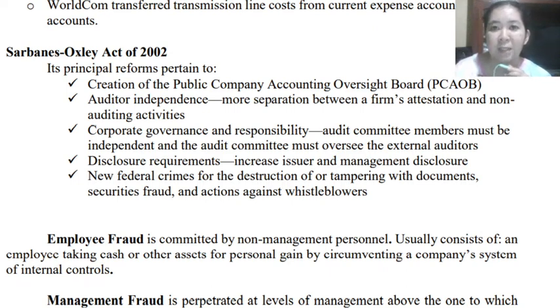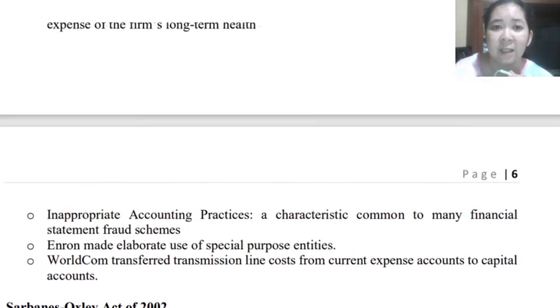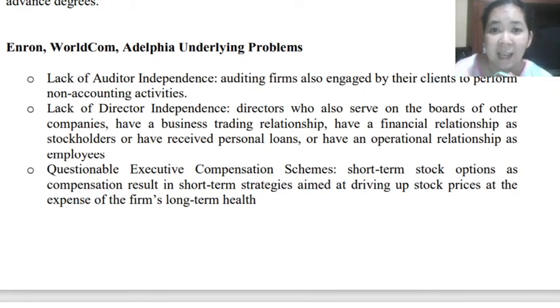Again, this is to help employees within an entity to voice out whatever they know which relates to any fraudulent activities going on in the entity. Okay, so this is the answer to this ethical dilemma with these cases right here.